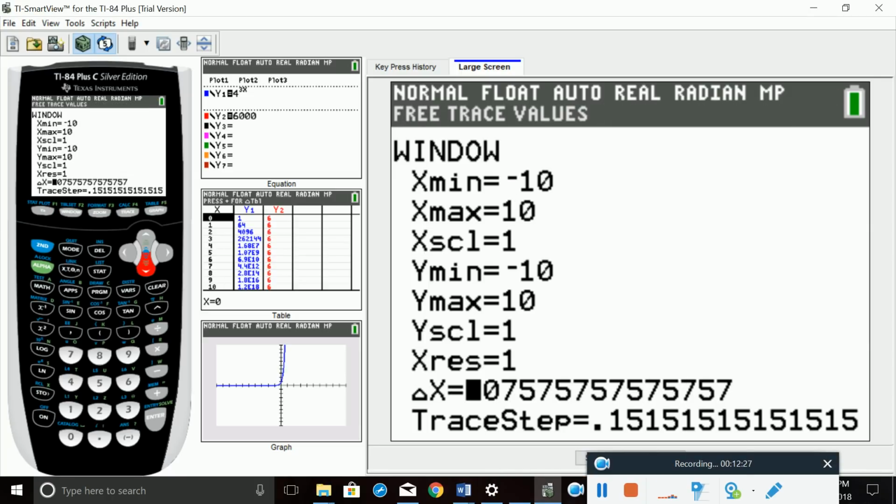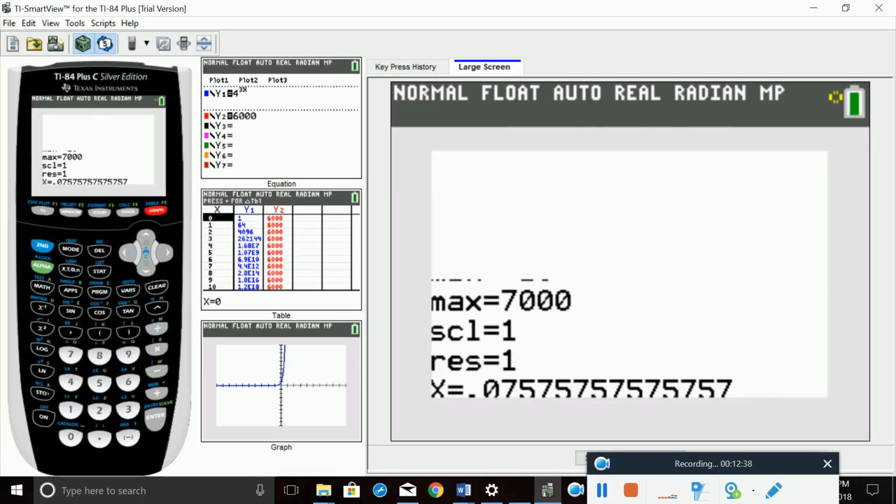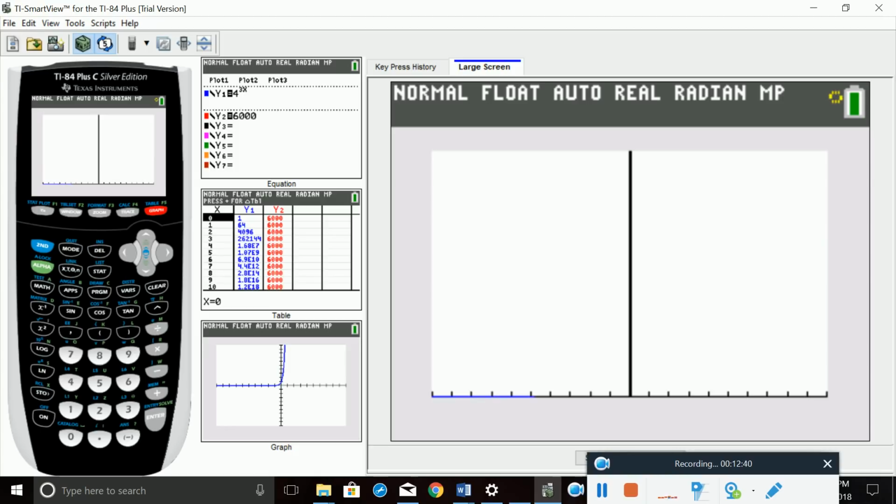Now, I don't want to go to 6,000 because I need to see a little bit above that. So I'm going to make it go 7,000. Okay, and then I'm going to hit graph. So you're going to see your exponential of y equals 4 to the 3x. And then you should see your horizontal line, y equals 6,000.